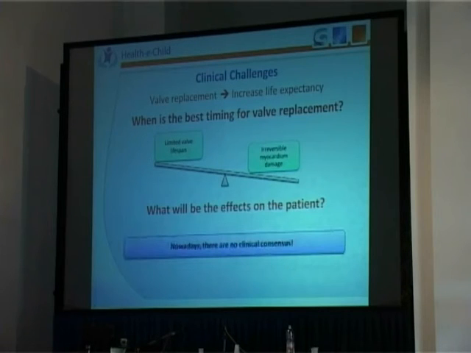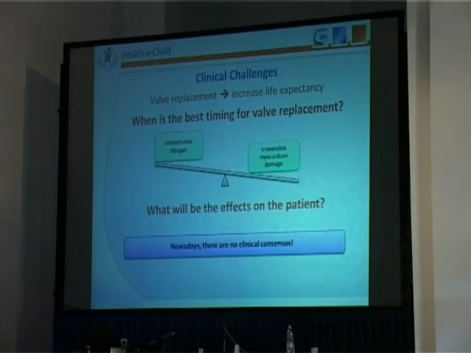And there is also the other question, which is, okay, let's assume that now I know that it's the right time to put the valves. What will be the effect of the valve replacement of that given patient? So these two questions, nowadays, there is no consensus.